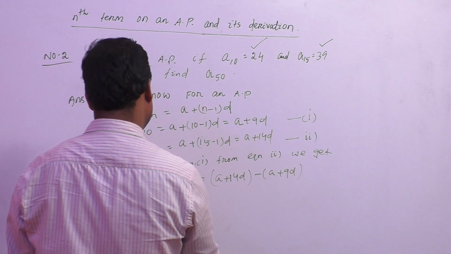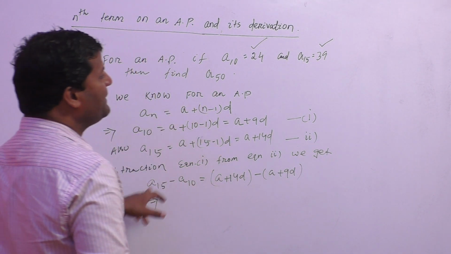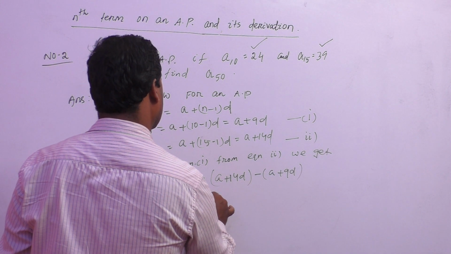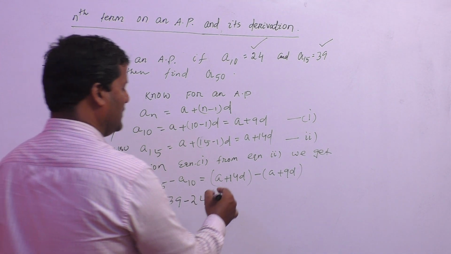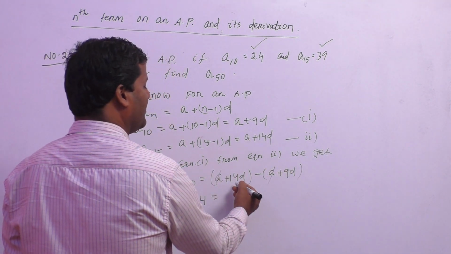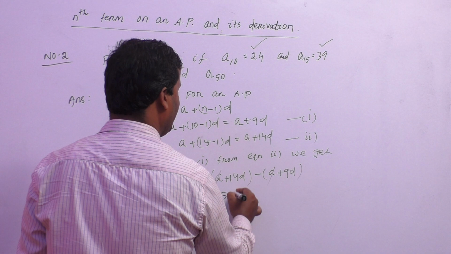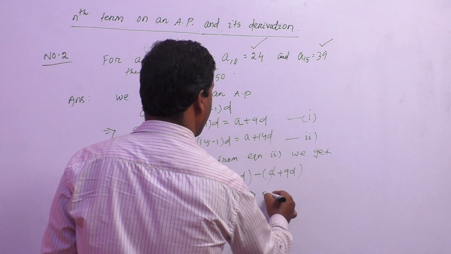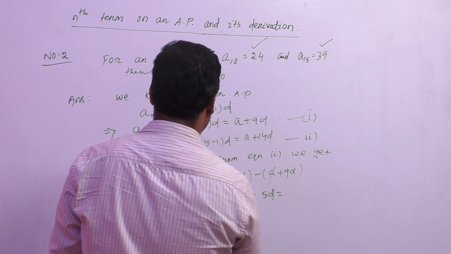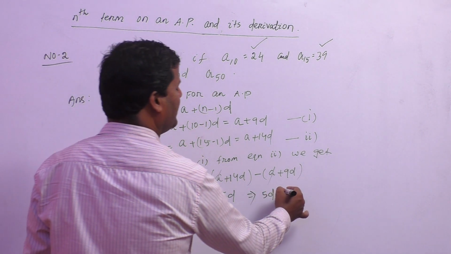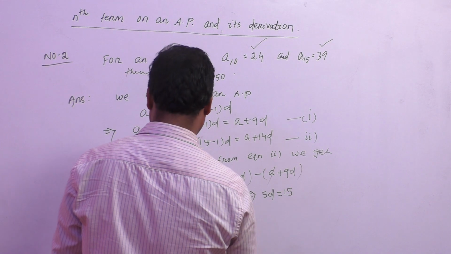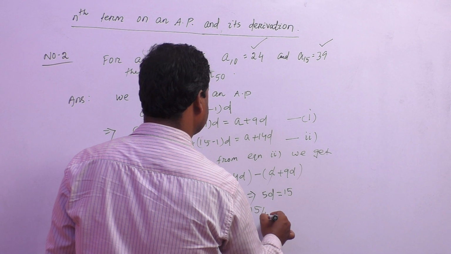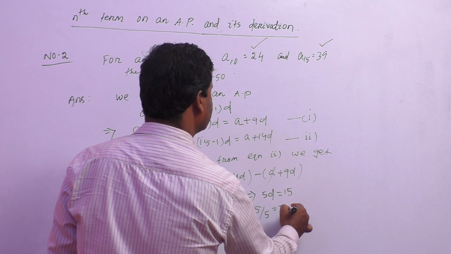That means the value of a15 is given 39 minus 24, that is equal to a gets cancelled, 14d minus 9d, that means 5d is equal to 39 minus 24, 15. So d is found to be 15 by 5, which is 3.